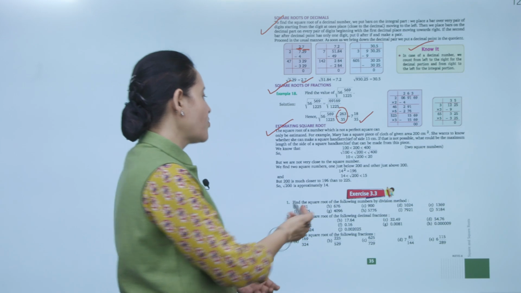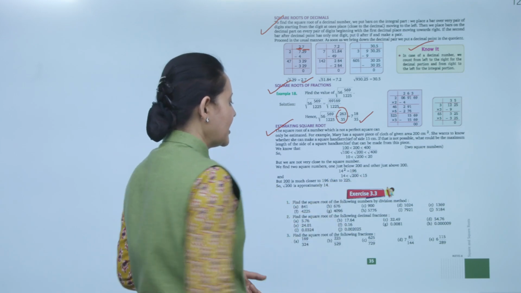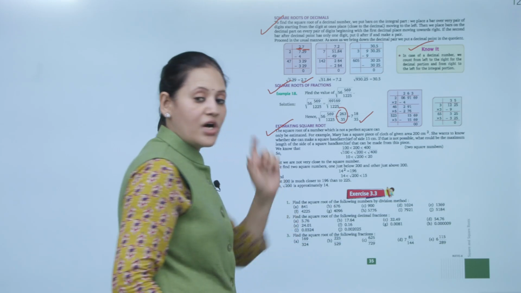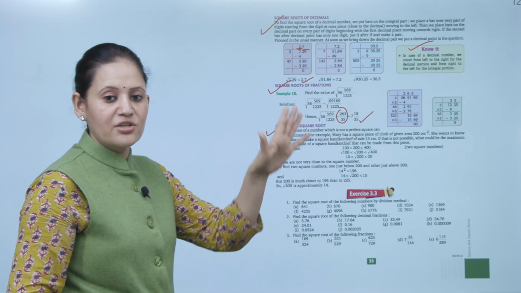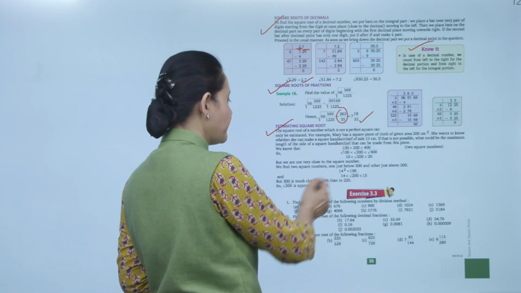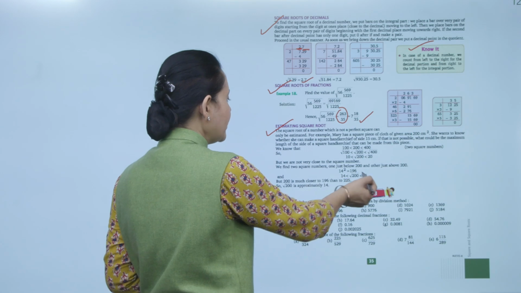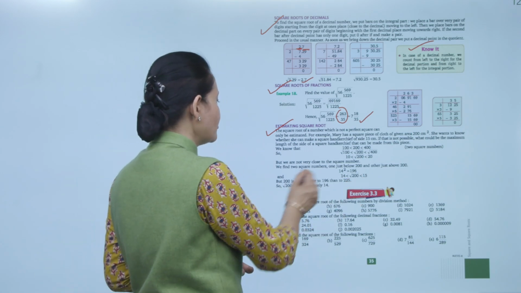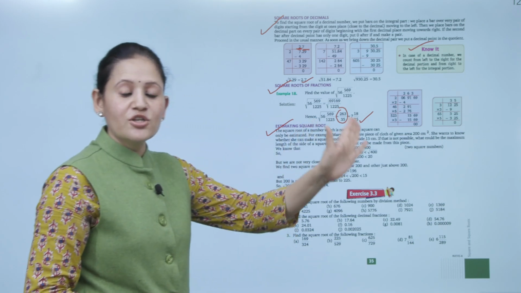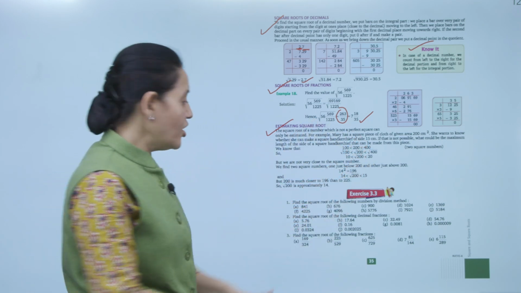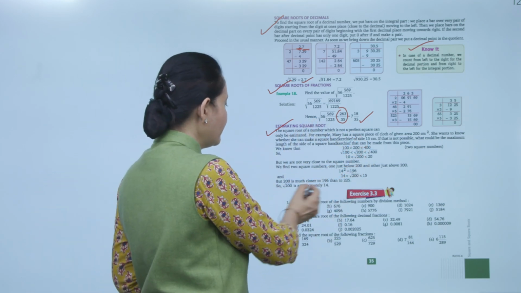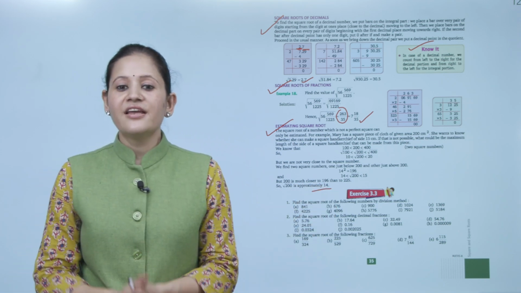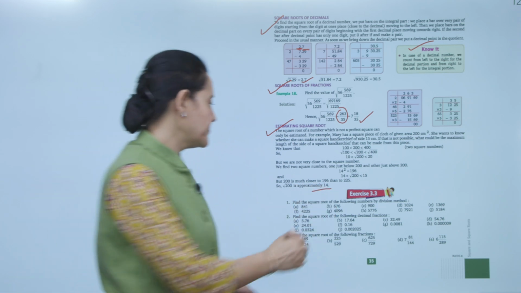So the square of 14 is 196, and the square of 15 is 225, which is more than 200. So it lies between the squares of 14 and 15. But 200 is much closer to 196 than 225. So the square root of 200 is approximately 14. Clear?